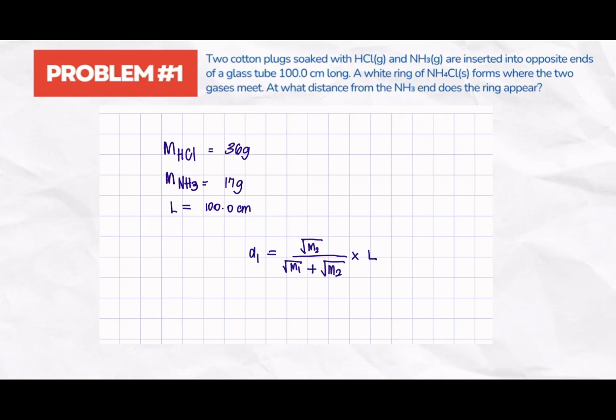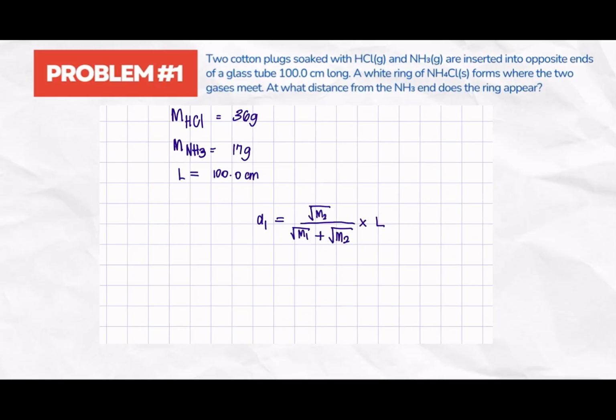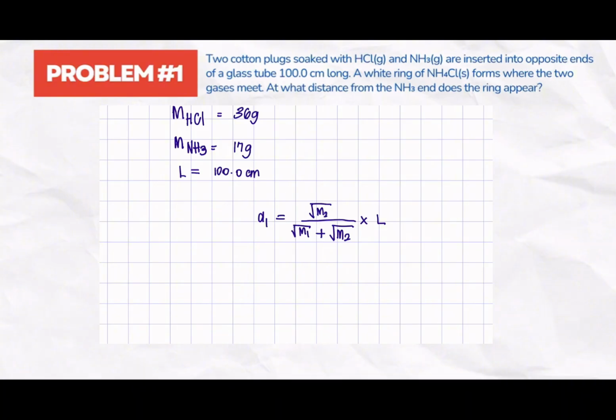Going to the formula, D1, the diffusion distance of the gas here, since the question asks at what distance from the NH3 end, D of NH3 is equal to, so it means NH3 is our subscript 1 and the molar mass 2 is our other gas, which is the HCl.